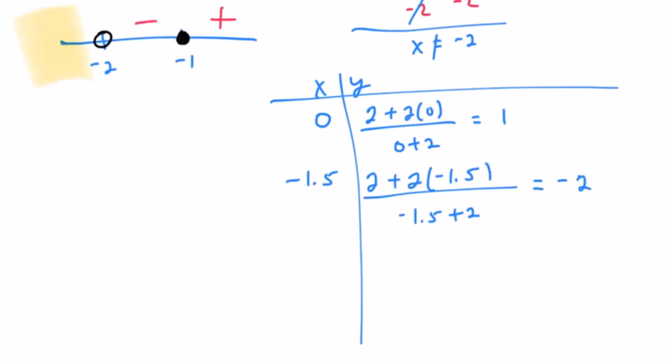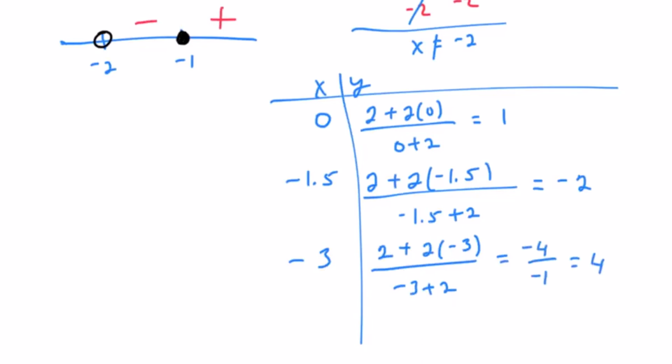Pick a number that's less than -2. So let's pick -3. So we have 2 plus 2 times -3 over -3 plus 2. So this is -4 over -1, which is 4.